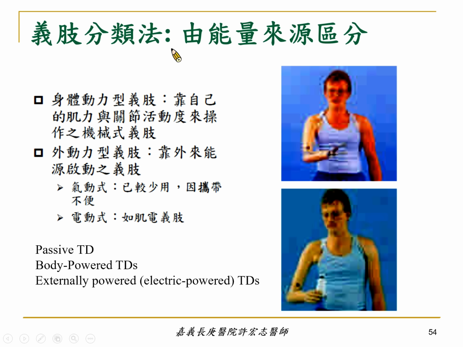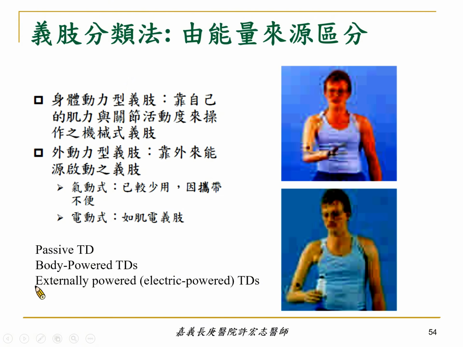And there are other ways of classifying prostheses, such as how to drive or use the prosthesis. If you are using the prosthesis by passive range of motion, we call it passive. If you are using the posture of your body to drive the prosthesis, we call that a body-powered prosthesis.